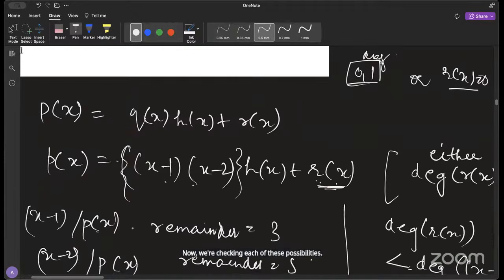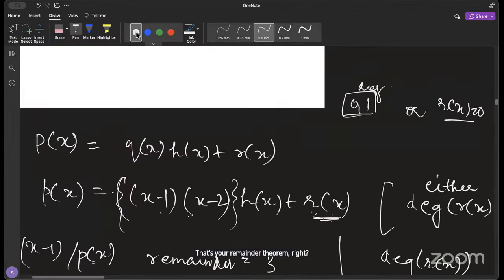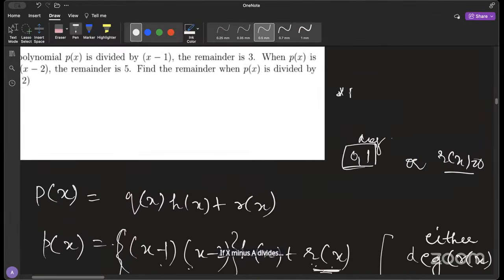If x minus 1 divides Px and leaves the remainder 3, that means P1 is 3. That's your remainder theorem, right?